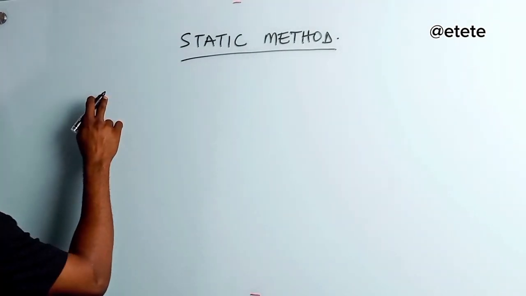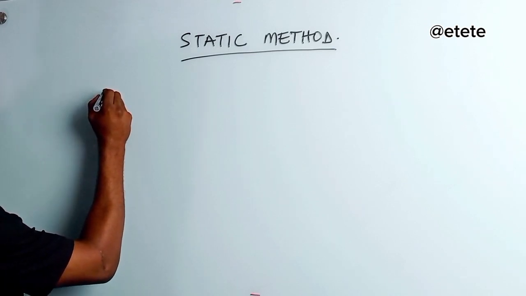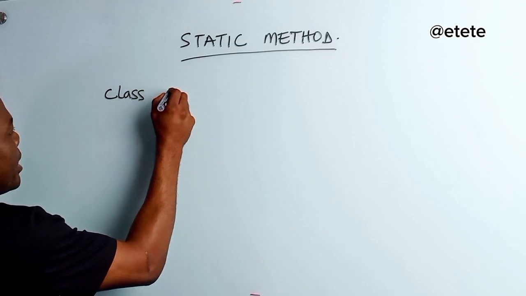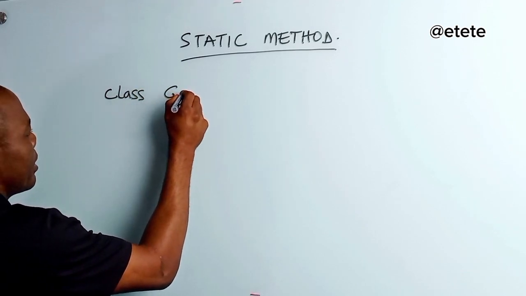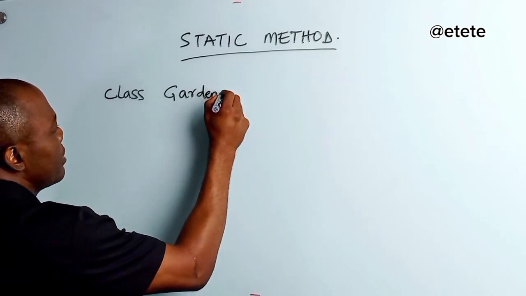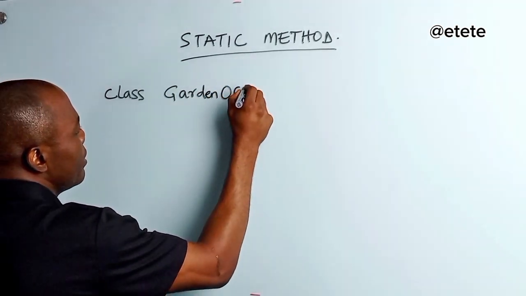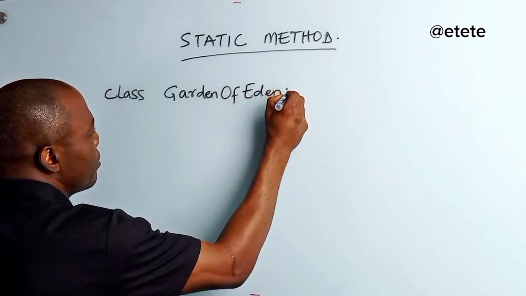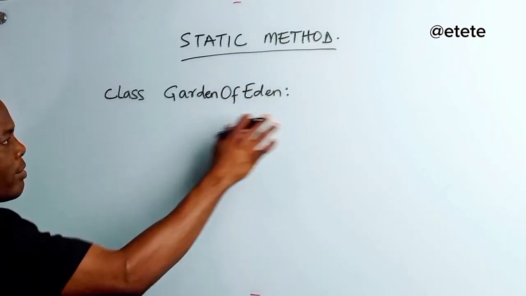So this time, let me call it class, right? And then we'll say Garden of Eden, right? And we'll close it. Now, this is our class, Garden of Eden.